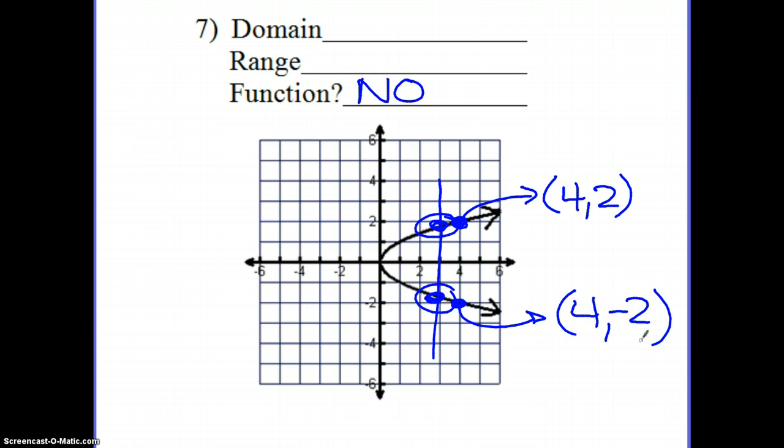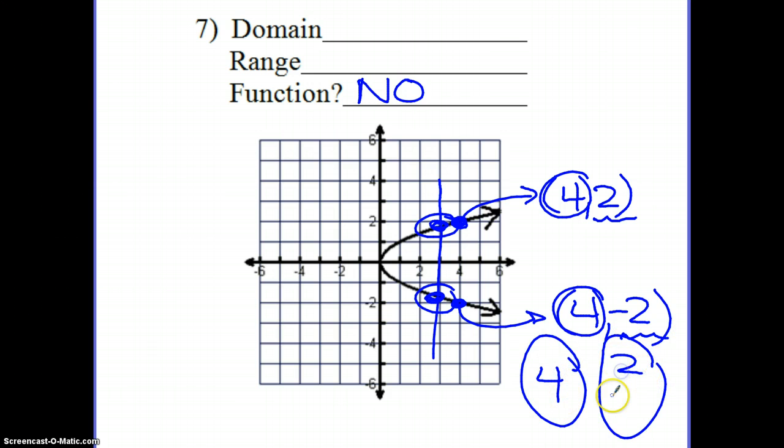So you see right away there are 2 x values that go to 2 different y numbers. If you were to map that, we'd have a 4, and a negative 2 and a 2, because we go small to big. And the 4 goes to those 2 different numbers, which is another way to see that's not a function.